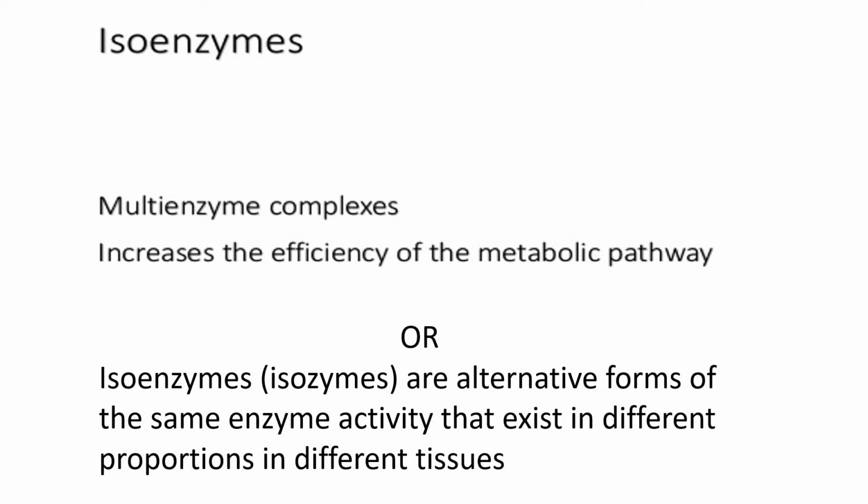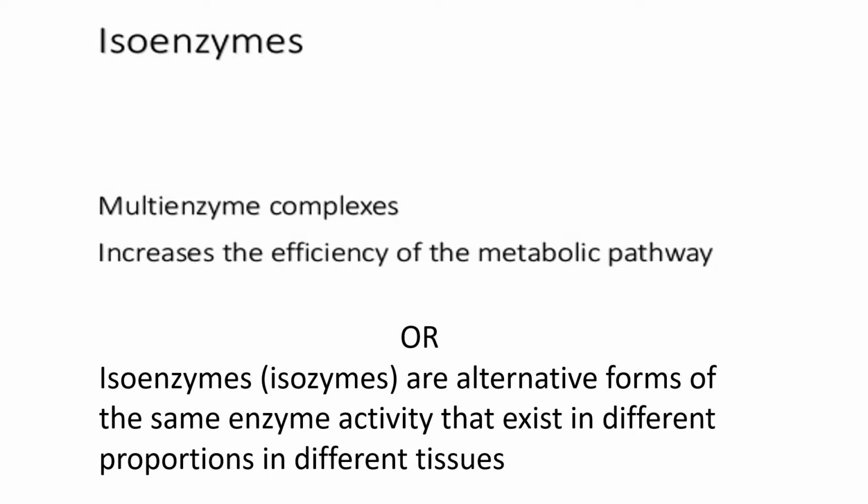So isoenzymes are multi-enzyme complexes. I must clarify that multi-enzyme complexes means they are made up of more than one polypeptide chain, and they may catalyze more than one type of reaction. And isoenzymes usually increase the efficiency of the metabolic pathways. Usually isoenzymes are regulatory enzymes.